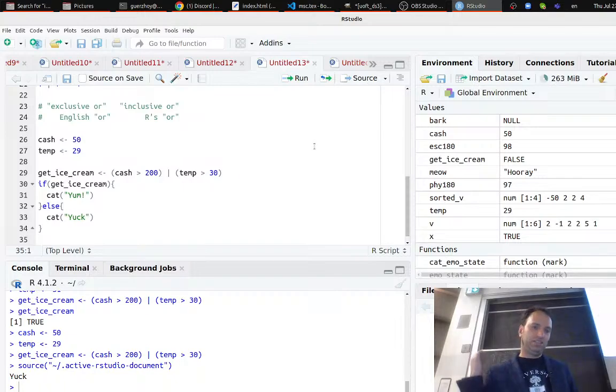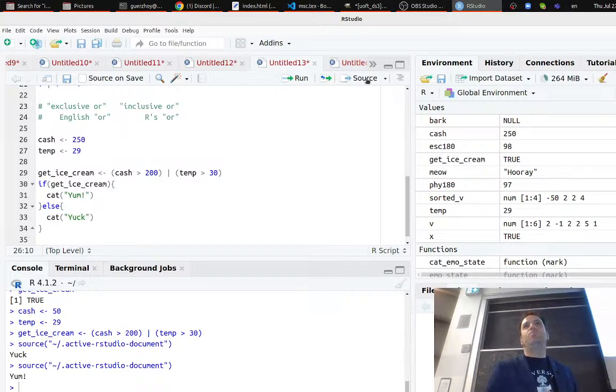In this case, yuck. But if I get a little bit more money, then that's going to print yum. Make sense? So that's the basics of it.